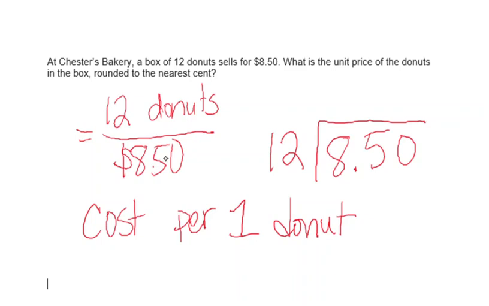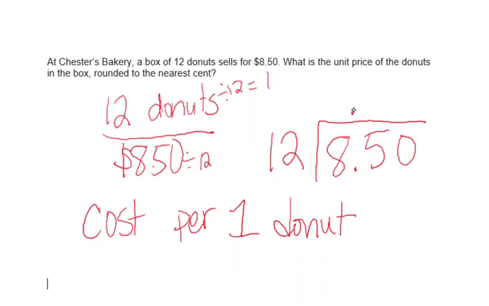What we do to the top, we have to do to the bottom. So I'm dividing 12 by 12 to get one donut. Therefore, $8.50 divided by 12 will be the associated cost for one donut. So, price divided by how many you get for that price.